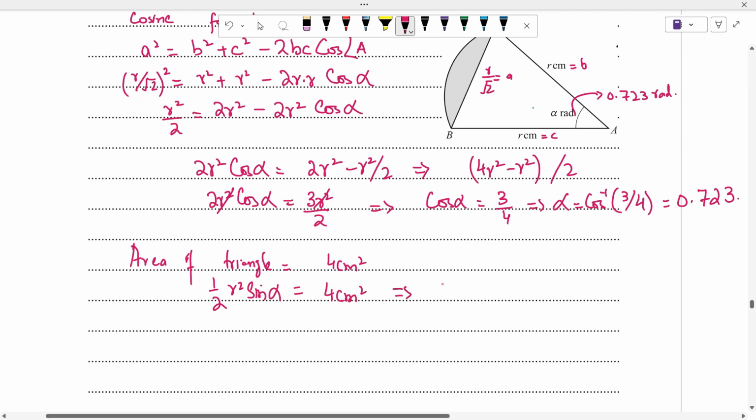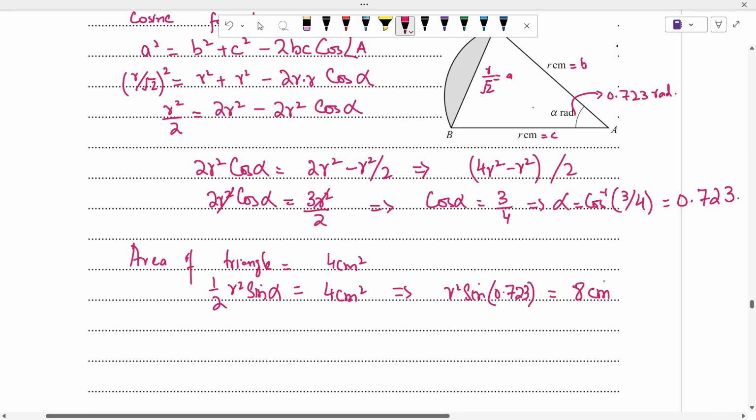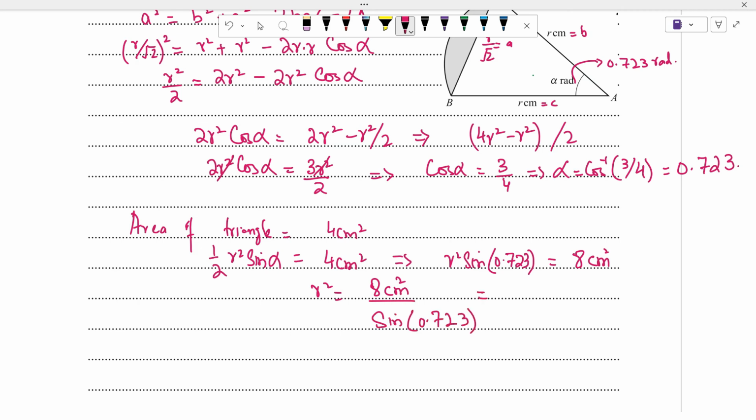Further solving, we will have r square sine of 0.723 equal to 8 centimeter square. R square is equal to 8 centimeter square over sine of 0.723.